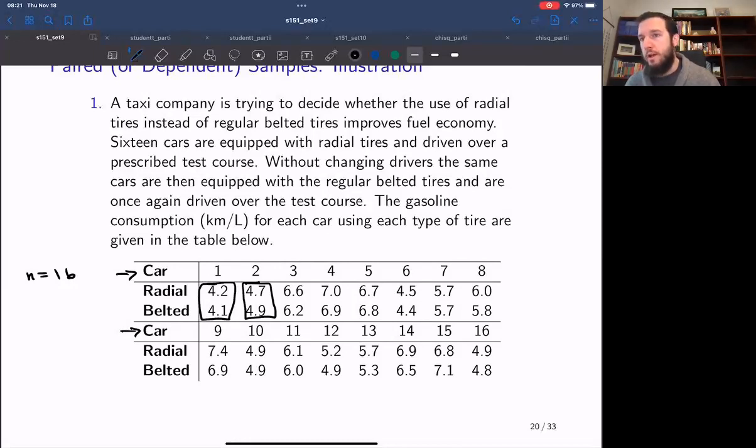So inevitably we're going to want to run a two-sample test where we compare the average of the belted tire to the average of the radial tire. But because the values come from the same car or the same taxi with the same driver, we cannot assume independence between each measurement. So what we need to do is use a slightly different kind of two-sample test that takes into account this dependent or natural pairing.